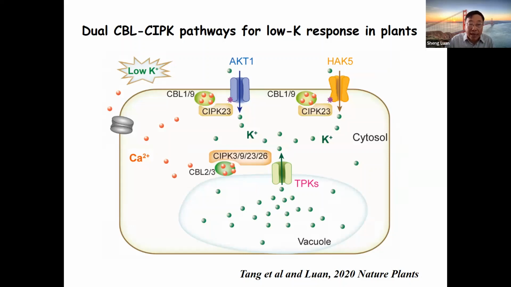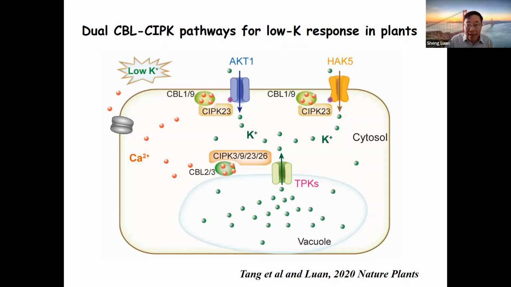And the calcium activates two pathways. The CBL1 and CIPK23 pathway gets targeted to the plasma membrane, where it activates AKT1 and HAK5 transporter or channel activity to enhance potassium uptake.